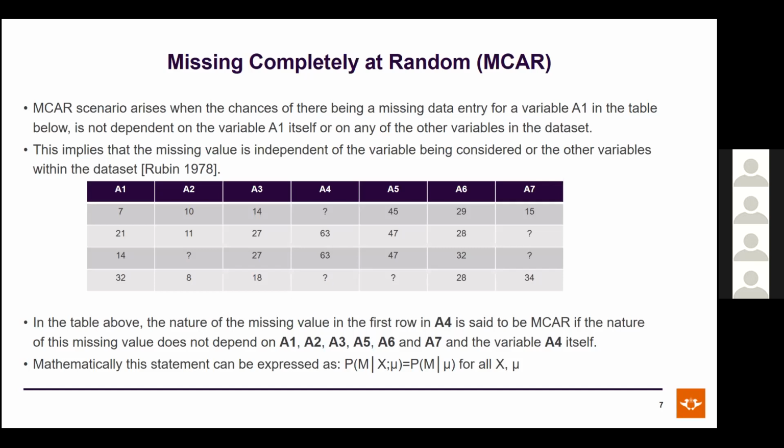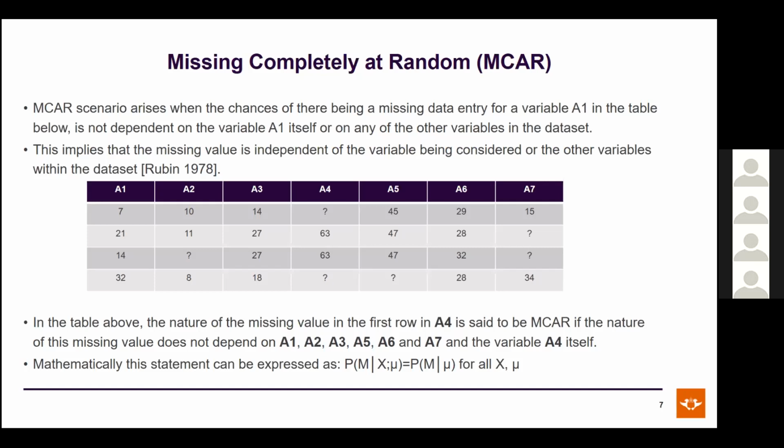So if the missing data in A4 in that first row doesn't depend on A1, A2, A3, A5, A6, and A7.